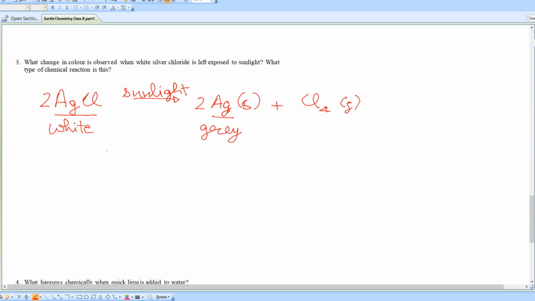But more specifically, this is a photodecomposition reaction.